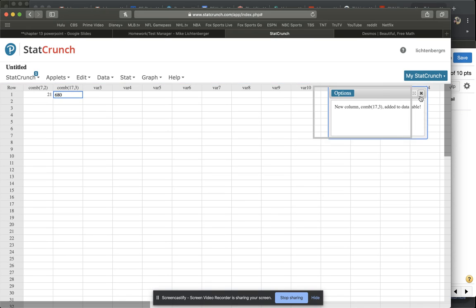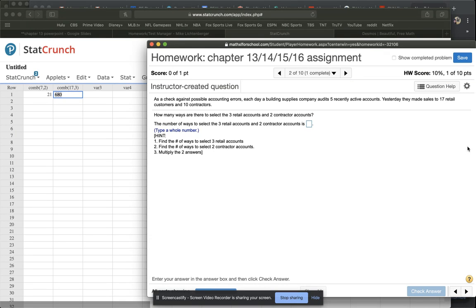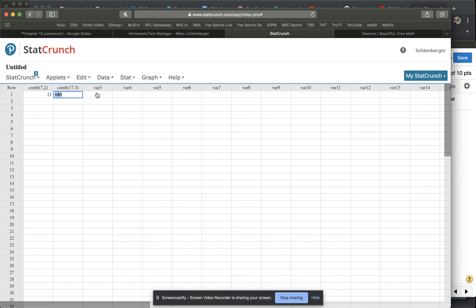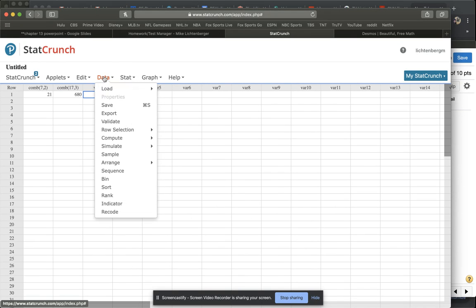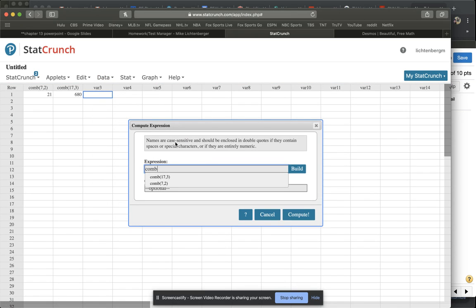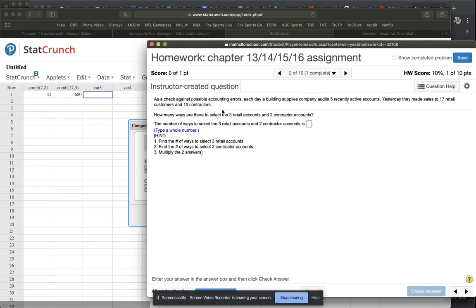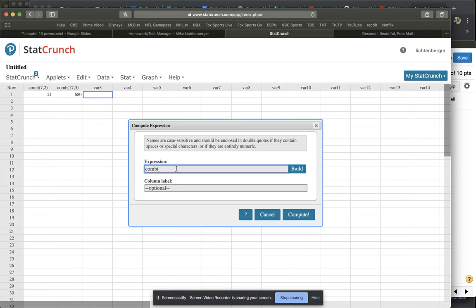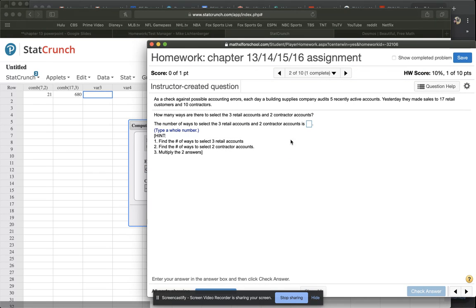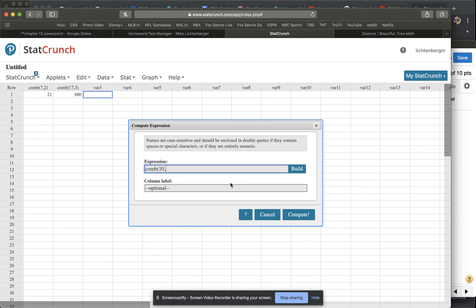Okay, and I'm going to do the same thing for the contractor accounts. So this time there are 10 contractor accounts, and I want to choose 2 of them. So once again, Data, Compute, Expression, and I'm going to do COMB, and I'm going to do 10, 2. 10 total contractor accounts, and I want to choose 2 of them at random.